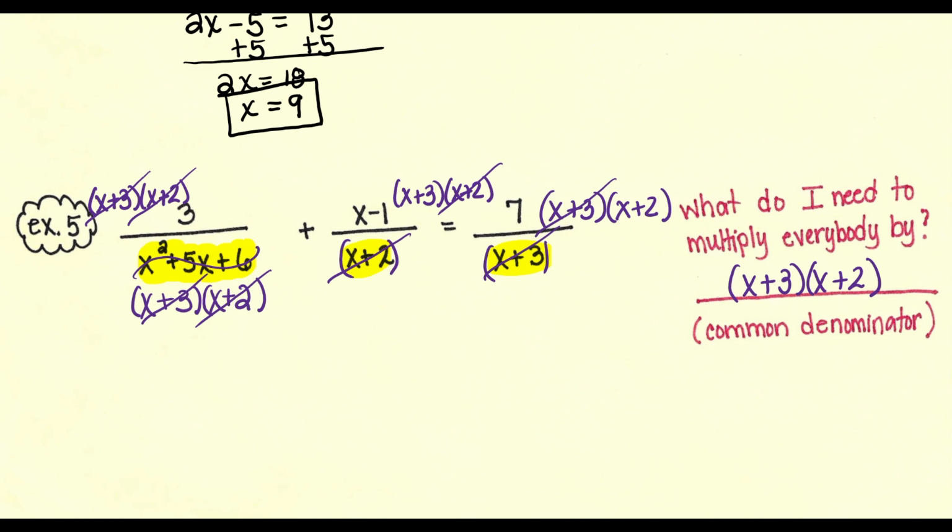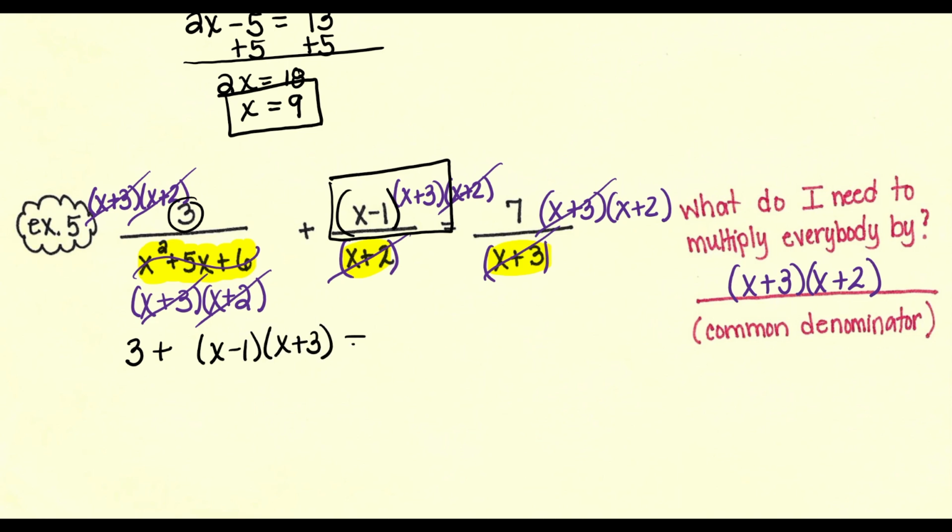All right, let's see what we have left. We just have a 3, so bring that down. Plus, right here, we have x minus 1 and x plus 3. Here, I have 7 and x plus 2. So bring down your 3, plus right here we need to distribute or FOIL. I usually say distribute, but FOIL is the same thing.